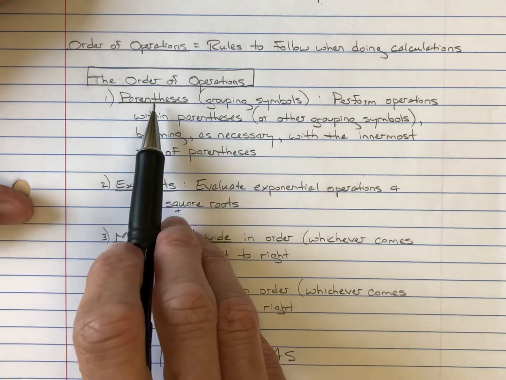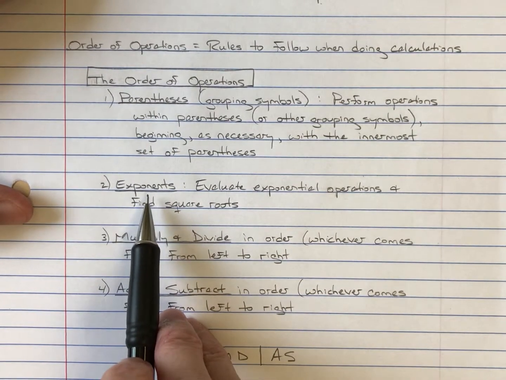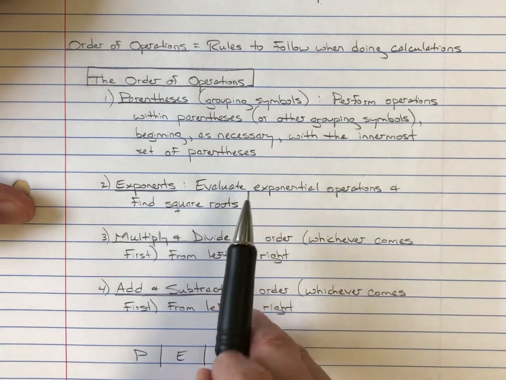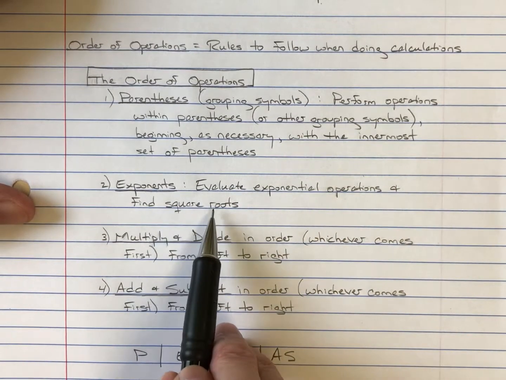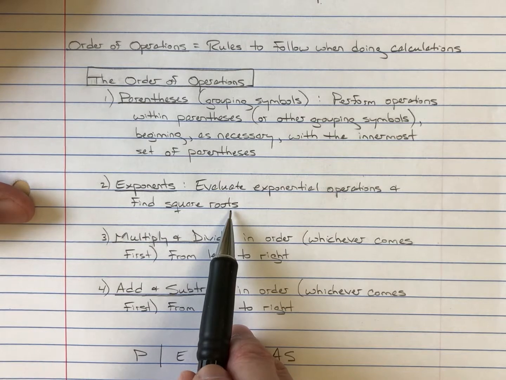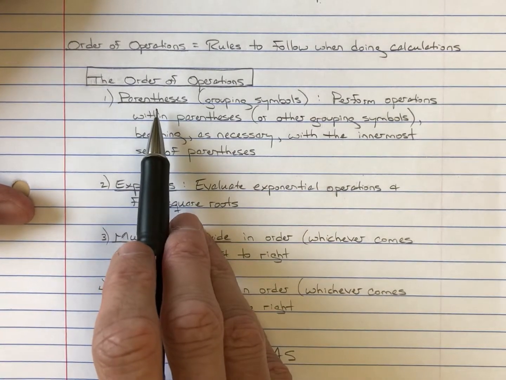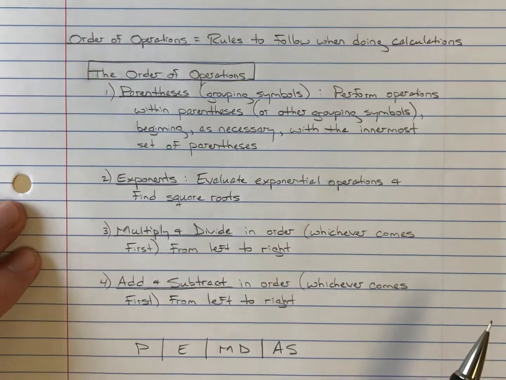After all the parentheses have been dealt with, the second thing you do is you work with your exponents. So you evaluate your exponential operations and you find your square roots. Square roots, incidentally, can be written as exponents, which is why they apply here. So first we do parentheses, and then second we do exponents and square roots.